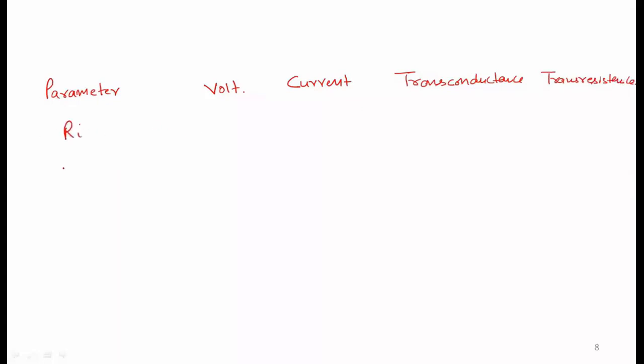This is the Ri input impedance, output impedance, and here we have the transfer characteristics.